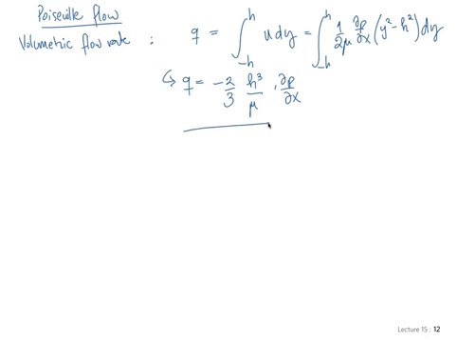Of course, the volumetric flow rate has to be positive, so you can see here that dp dx has to be less than 0, which means that the pressure decreases in the direction of flow. Like I was making you imagine, the flow is falling through the slope of the pressure gradient.